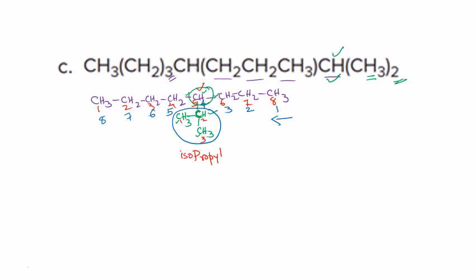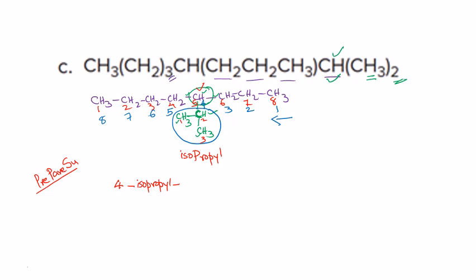So now I'm ready to combine the name. So first I have to have prefix, and then I will write the parent and then suffix. So prefix is the substituent. So on which carbon atom is this one? Fourth carbon atom. 4 hyphen isopropyl, and then hyphen. And is there any other substituent I have?